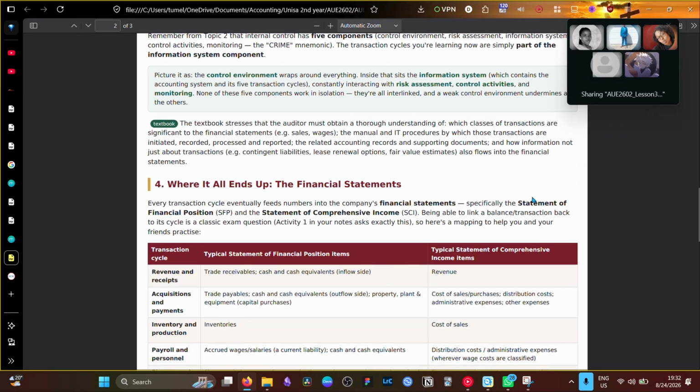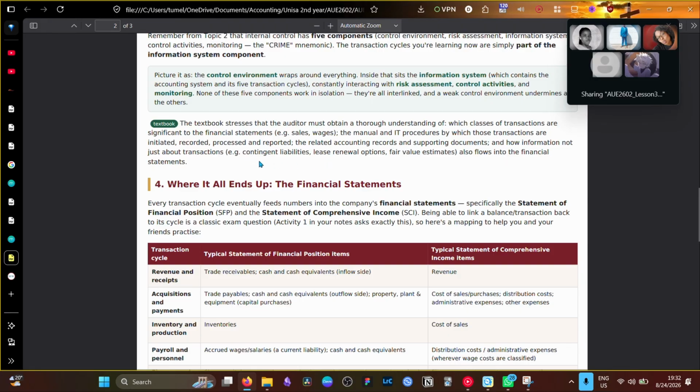Now, what we see is that the textbook stresses that the auditor must obtain a thorough understanding of which classes of transactions are significant to the financial statements. For example, sales, wages, the manual and the IT procedures by which those transactions are initiated, recorded, processed, reported, the related accounting records and supporting documents, and information, not just transactions.